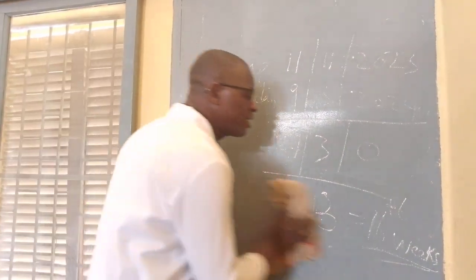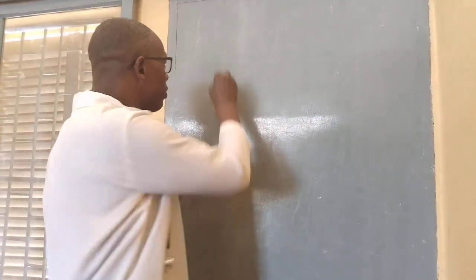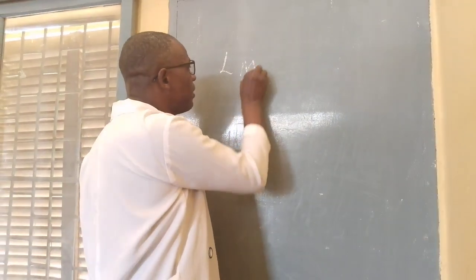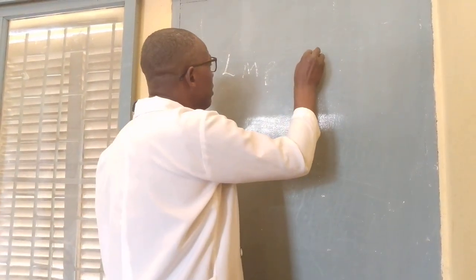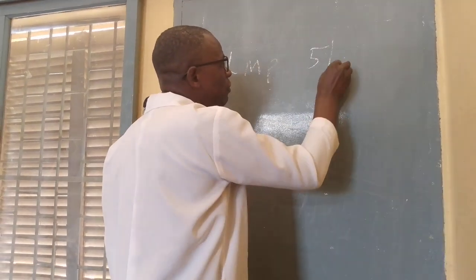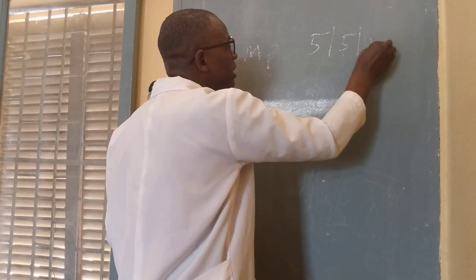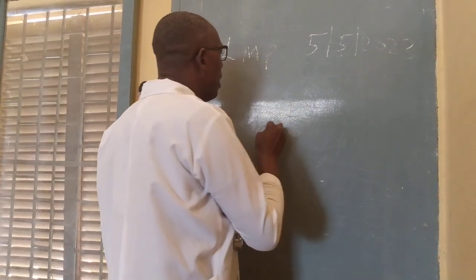My dear, I still want to give us one simple example. Just like they set it in national exams, you will find they'll tell you a woman's last menstrual period is 5th of May 2023.